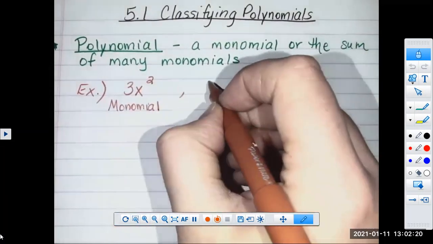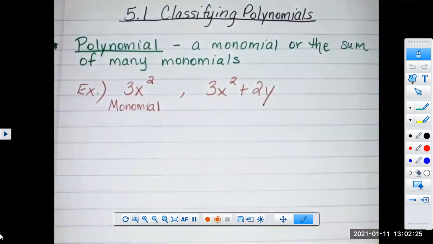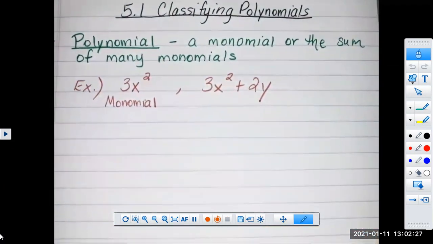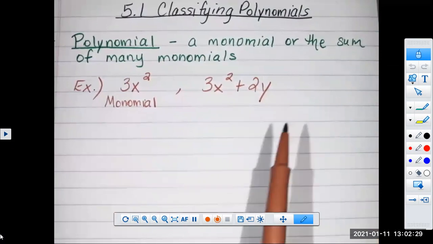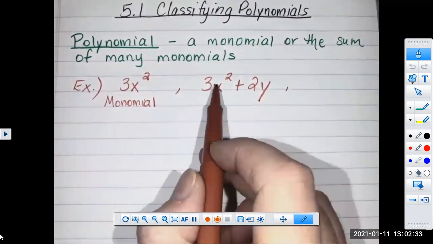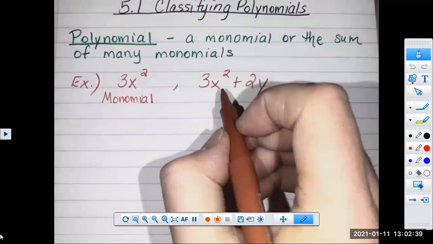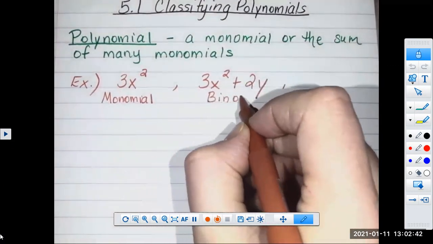If you have 3x squared plus 2y, of course, they're all still polynomials. They just classify them differently. So it is a polynomial, but more specifically, how many terms does this have? 2. So this is a binomial.